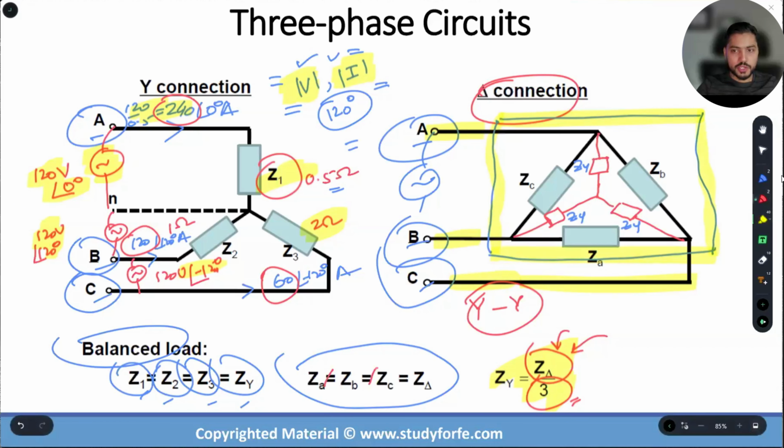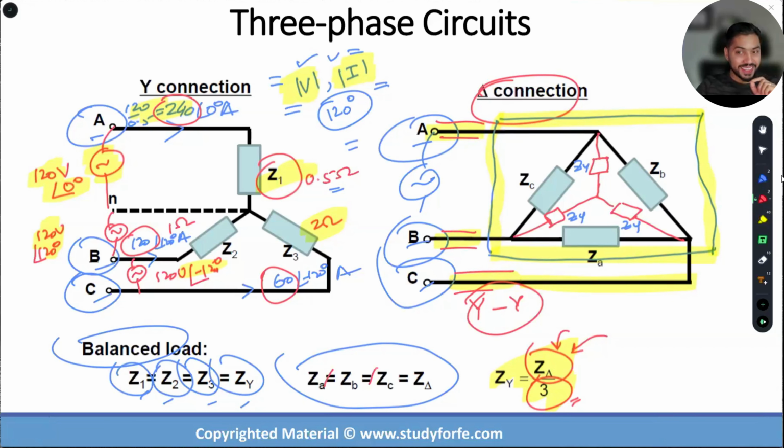if the transformation is done properly using this formula, right now we're looking at the load side. The same thing happens on the source side, but in terms of source, the delta-Y transformation is obviously related to voltages. So the key point over here is that if I'm doing this transformation properly, then the line quantities are not impacted at all.